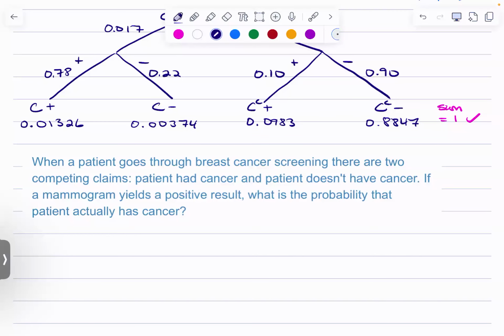Now, we no longer have the contingency table, so we have to use the formula. And so now I want to translate what I'm given. I want to find the probability of cancer given that they had a positive result. So I know they got a positive result, then what's the probability that they actually have cancer?